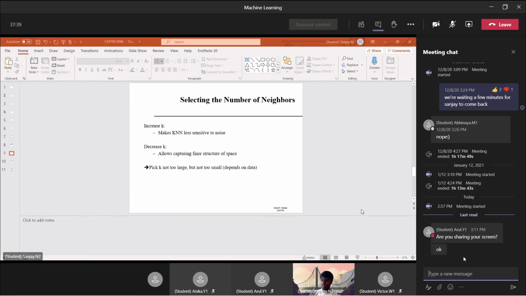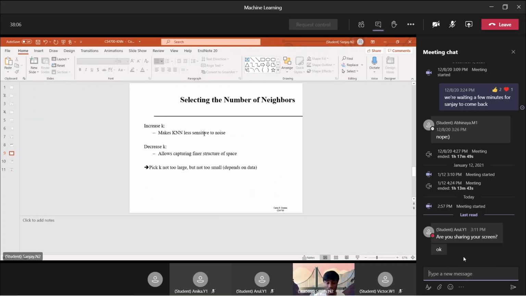If you have a very small k, maybe even 1, you'll classify that new point incorrectly. To avoid that, you want to increase k to encompass more neighbors and decrease the variance of your algorithm, which will make it less sensitive to noise.